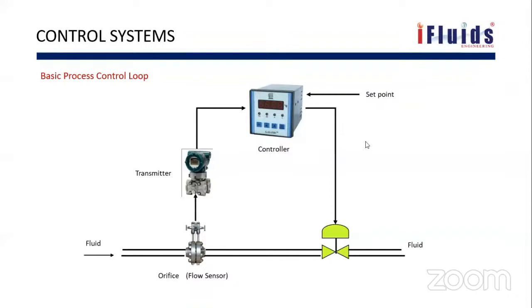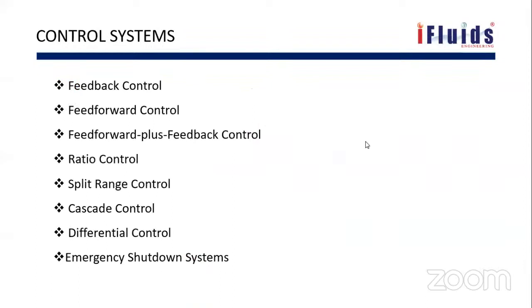So now we'll see what the different types of control systems are. You have feedback control, feed forward control, feed forward and feedback control, ratio control, split range, cascade.